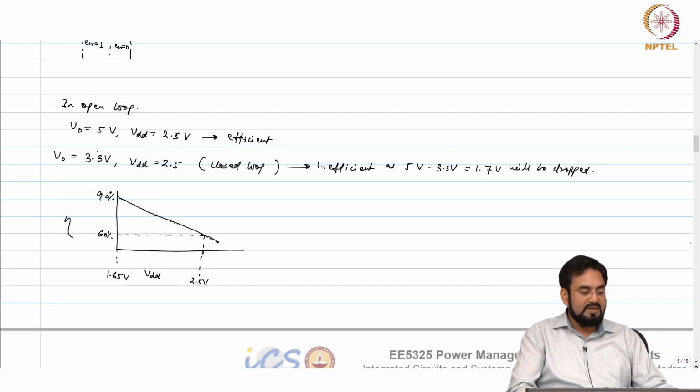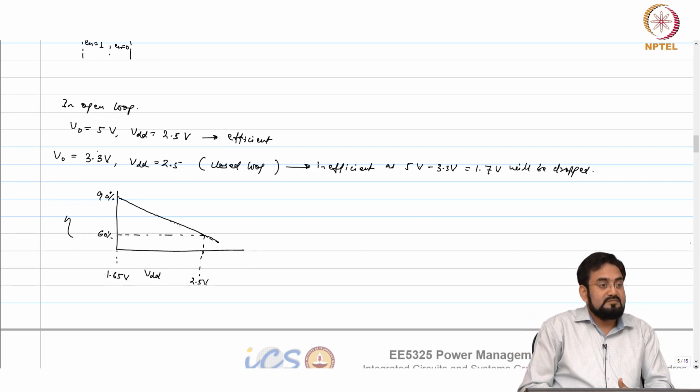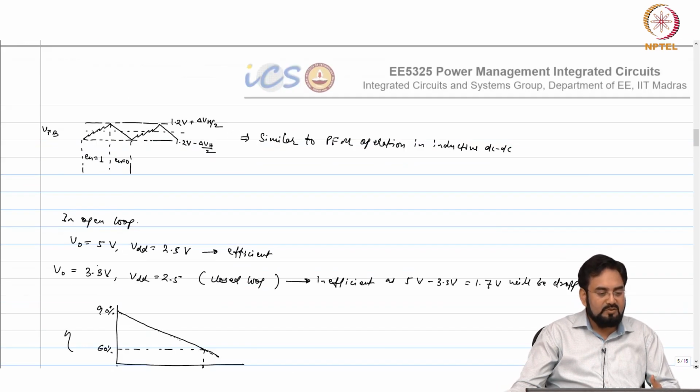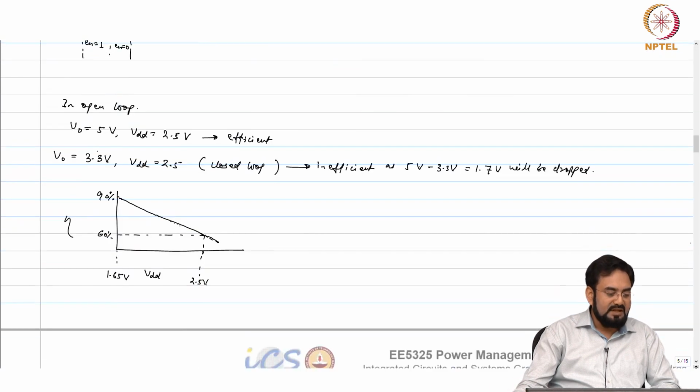So, what do I need to do if I further want to improve the efficiency? I am always operating at 2x, but at 2.5 volt I need only 1.5x roughly. So, I will have a charge pump which has both a 2x setting and a 1.5x setting. When VDD is on the lower side, it operates in 2x mode, and when it is on the higher side it operates in 1.5x.